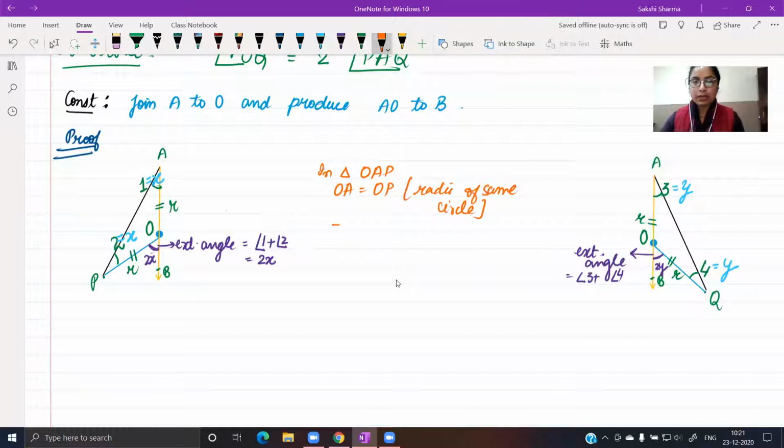So these are the radii of the circle. This means angle 1 and angle 2 will be equal.